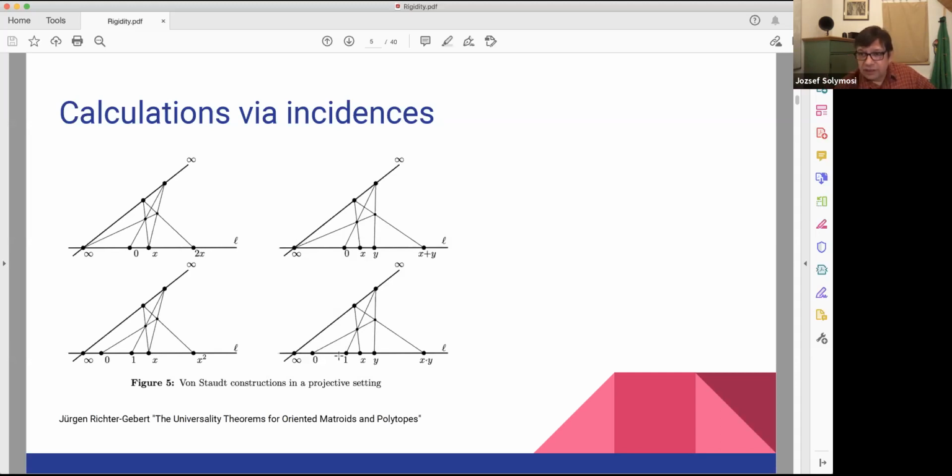I won't go into the details. This is just an illustration, but this is a very funny and very interesting subject. So you define a point at infinity. You have to define x, and then just by incidences, you can add 2 numbers.